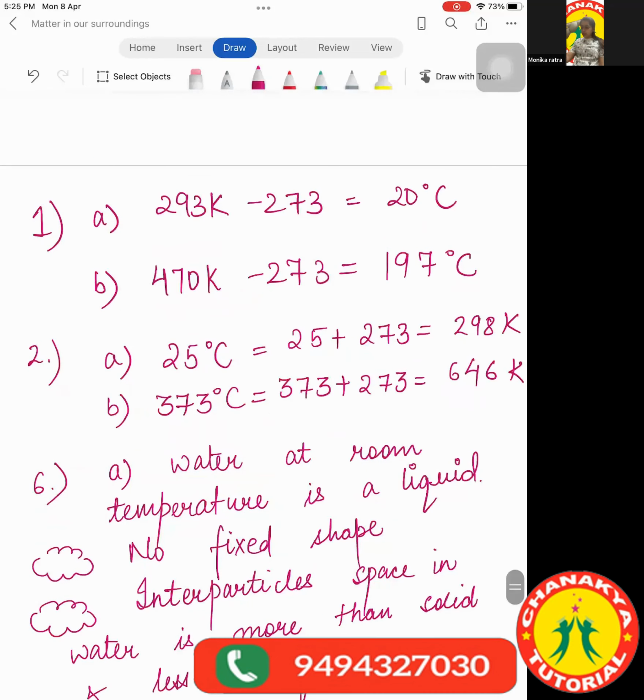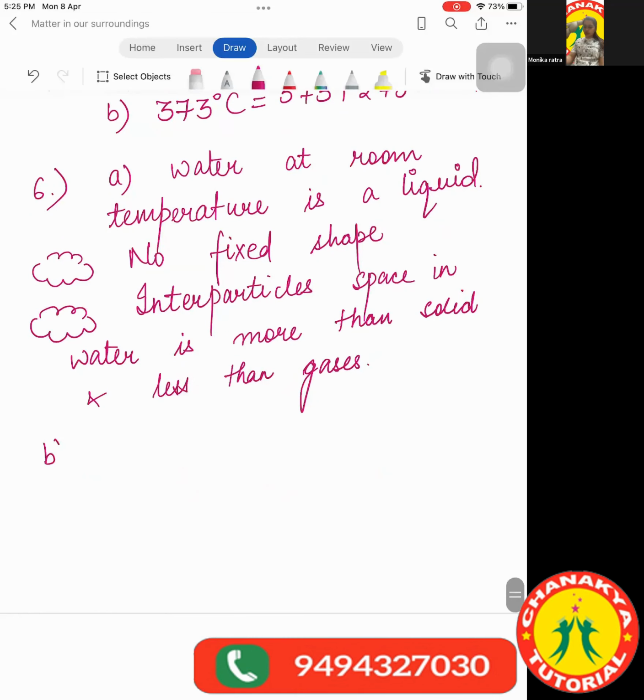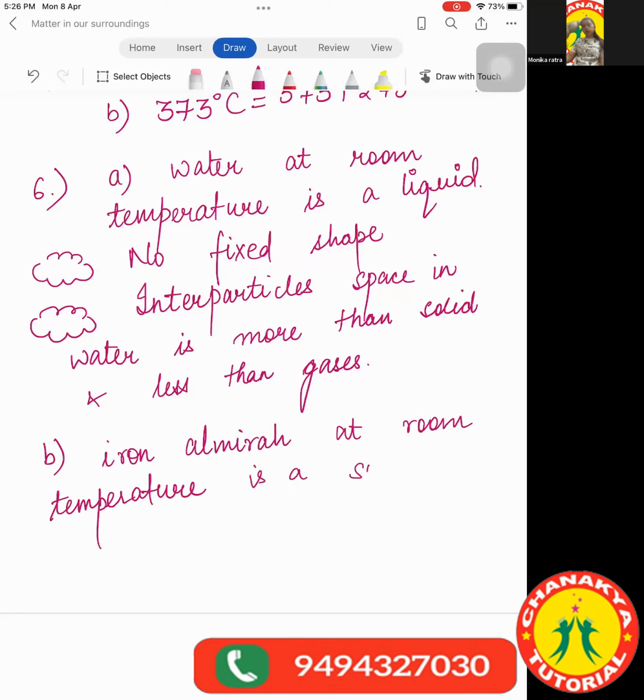And then there was this question, why is an iron almirah at room temperature a solid? Pranav, now you have to answer. And do not turn off your video. Means you have to tell any 2 properties of solid.